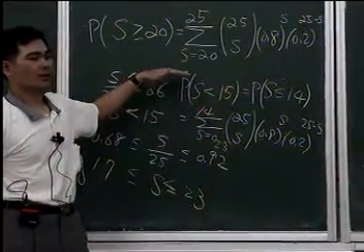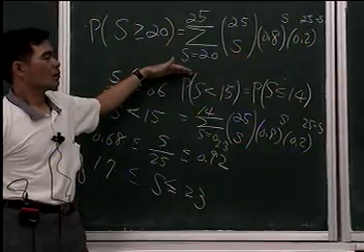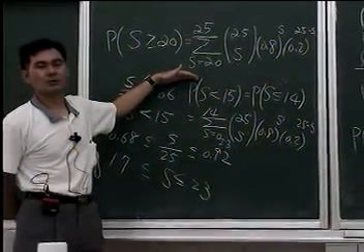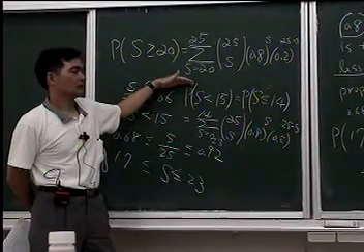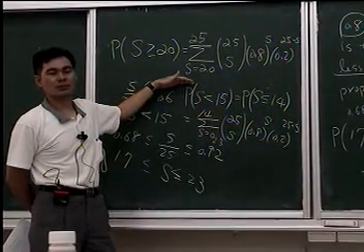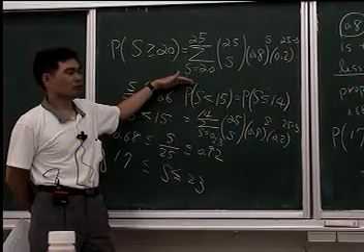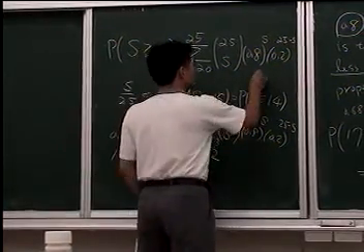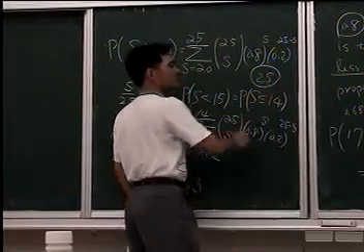In this case, okay, we say that if the number of samples is large enough, then the binomial distribution actually can be approximated by a normal distribution. In this case, we don't have a big sample. The number of samples we have is 25.